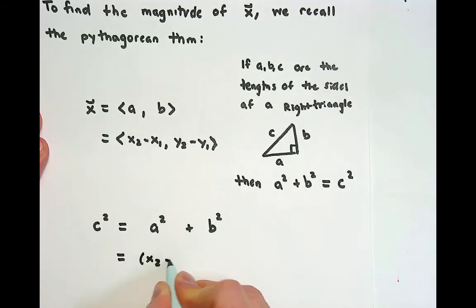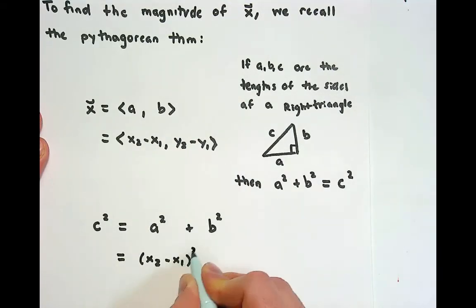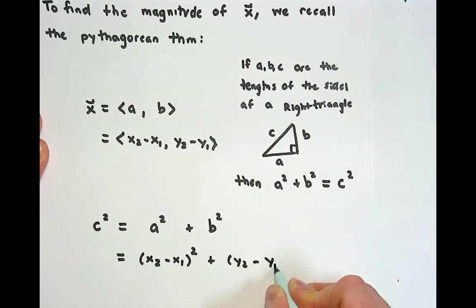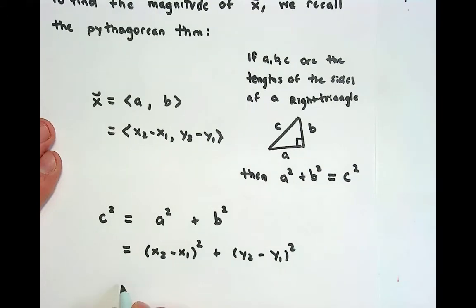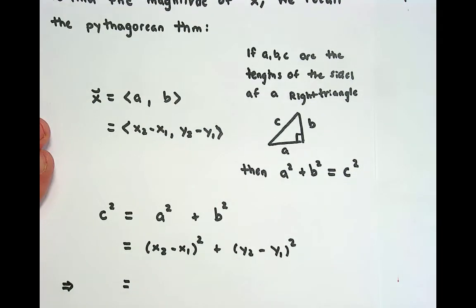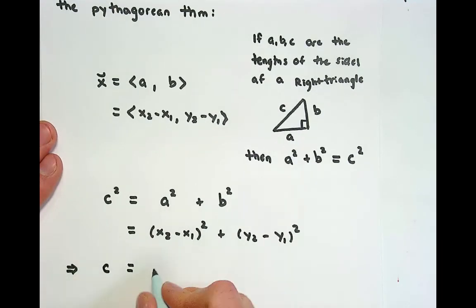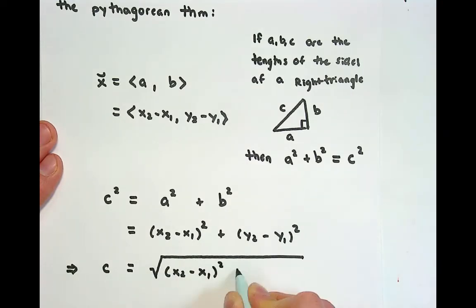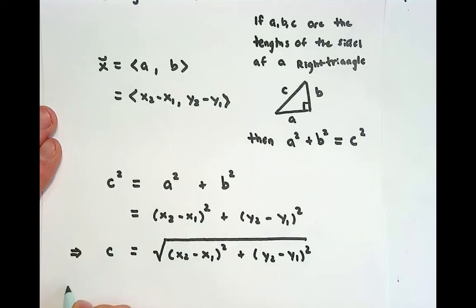So this is going to be x2 minus x1 squared plus y2 minus y1 squared, which implies that C would be the square root of these. So this is going to be the square root of x2 minus x1 squared plus y2 minus y1 squared.